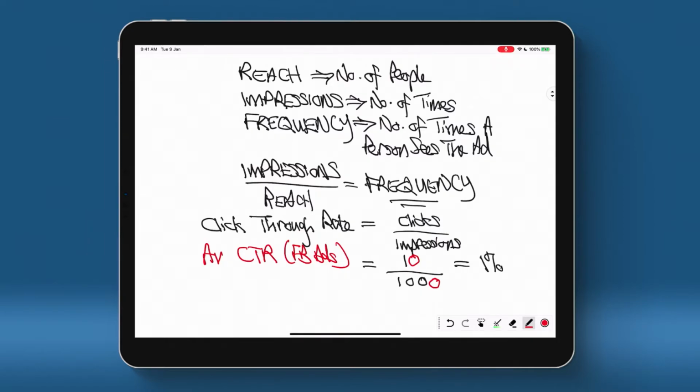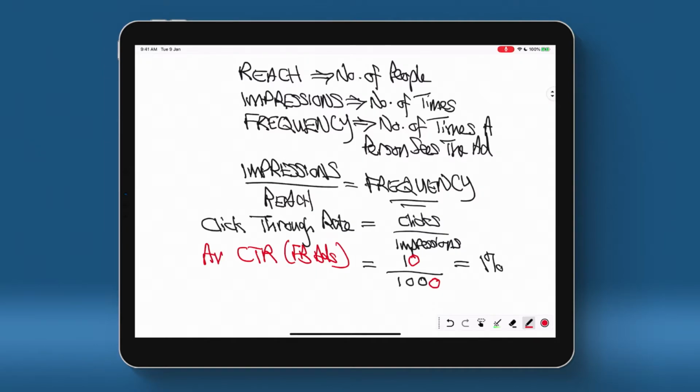So you're now able to benchmark and therefore determine that for every 1,000 impressions, I should receive 10 clicks to my ad. Now, if I do that and achieve 10 clicks, therefore, I will achieve a 1% CTR, and that is considered average because average is 1% for Facebook ads.